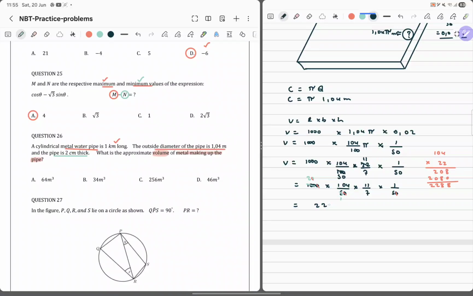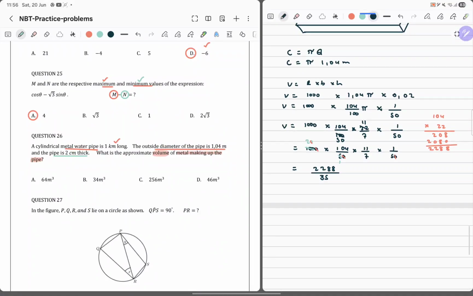So this is 2,288 divided by 5 times 3. No, times 7. This is 35. This is not gonna work, is it? So 35. I'm feeling like we're gonna fail here. I don't trust it.